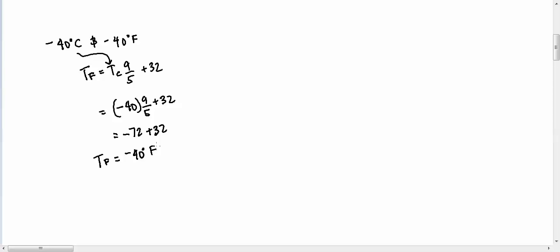Okay, some thoughts about this. I can tell you why this happens, and the answer is it's because the size of the markings between centigrade and Fahrenheit aren't the same. So it's kind of like the difference between inches and centimeters.